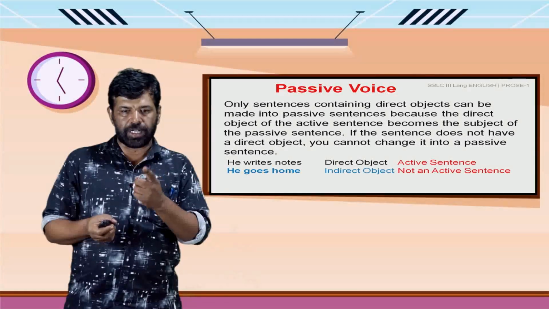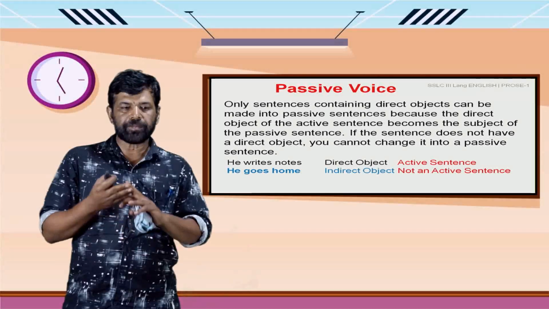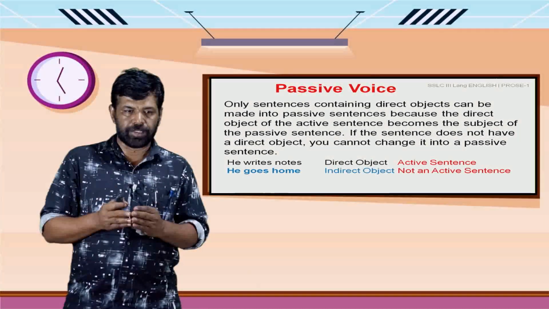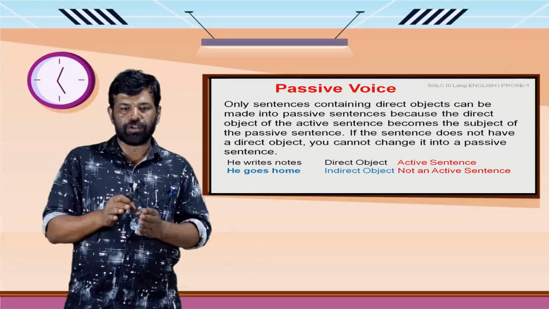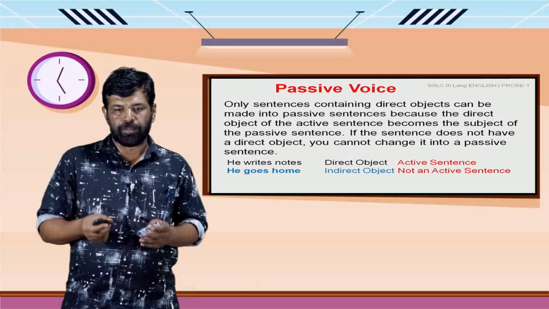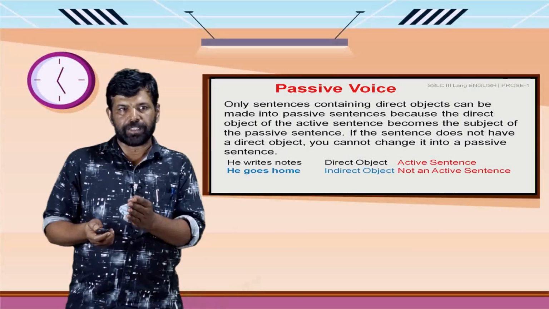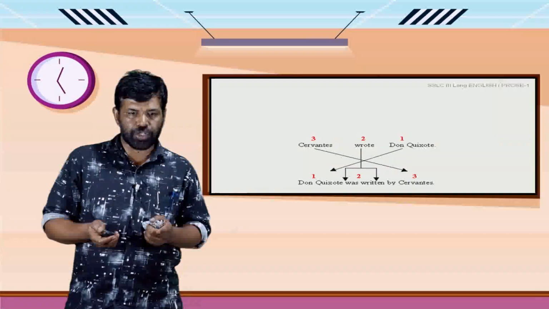Here notes is the direct object, and hence we can change it. He goes home. Here home is not a direct object, so we cannot change that into a passive sentence. Here is a chart you can go through.